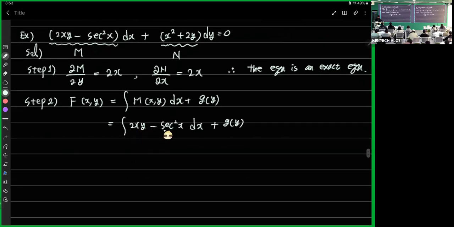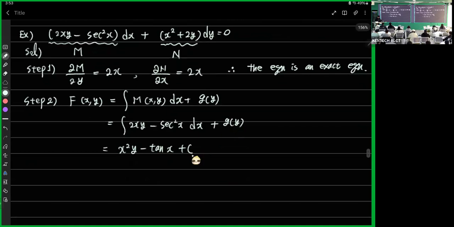What's the integral of this? Yeah, x squared y, right? Then what's the integral of secant squared? Minus tangent x. Then I know plus c, but let me add c into the g of y. So what's here is g of y.